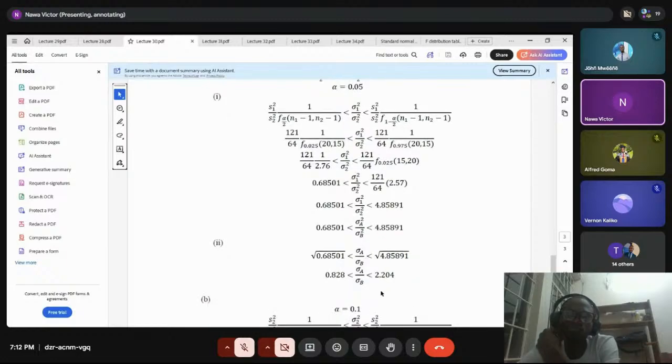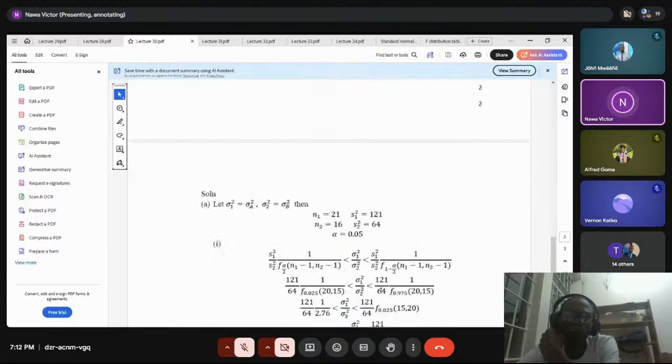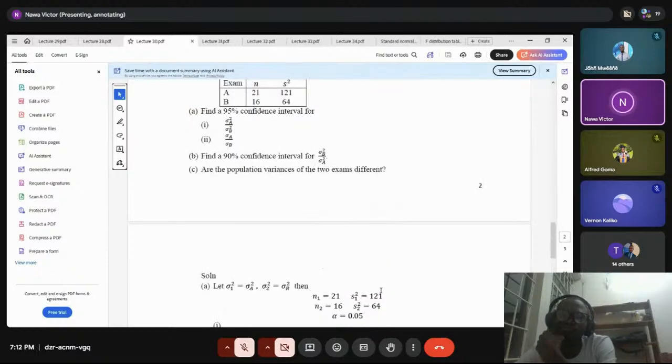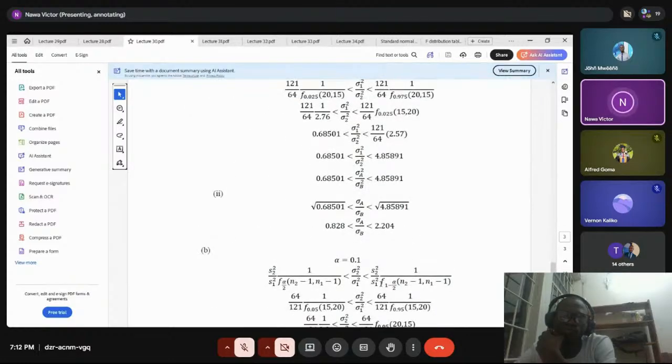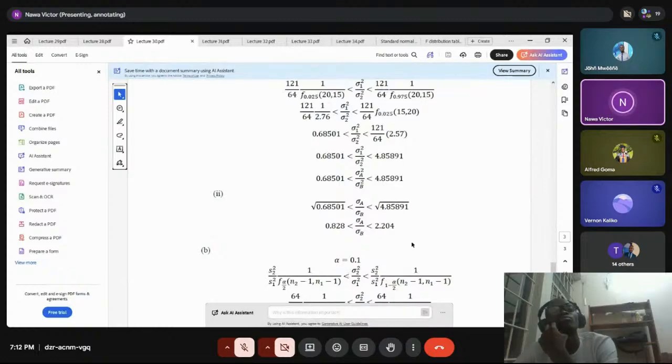Okay. And then part B, what are we doing in part B? We want a 90% confidence interval, but we have reversed the roles of the variances. First of all, it's a 90%, so we have a 0.9 that we are subtracting from 1, we get 0.1.